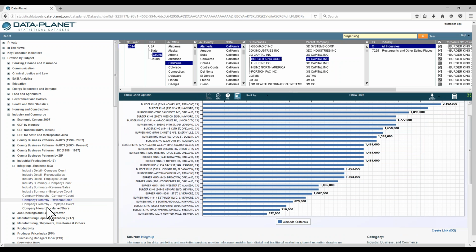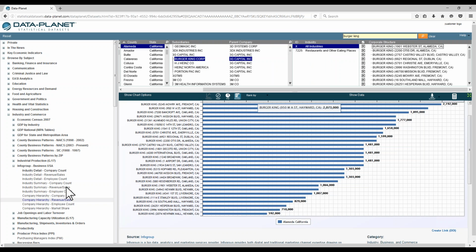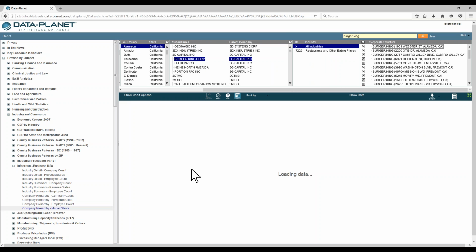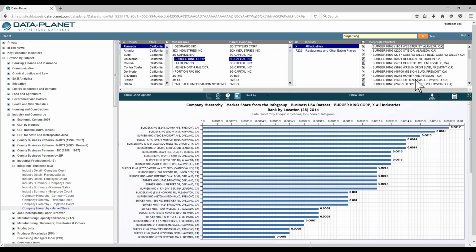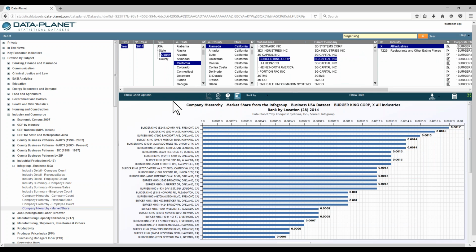And then we've added a last indicator here. Because we know the total, we aggregate the total by a NAICS code, we can give you market share. We can divide out the site's revenue by the total of the county for that industry to give you the percent market share. So I can see that each of these stores, here is their percent market share in Alameda County.